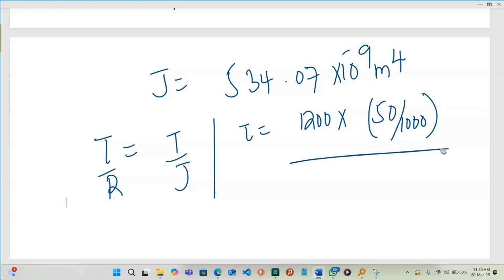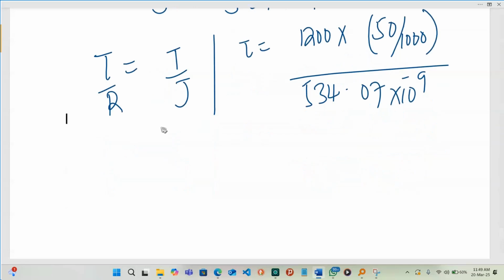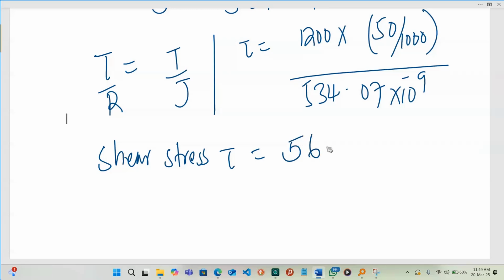Then we divide that by 534.07 times 10 to the power negative 9. Remember, for this R you use the external diameter. So tau, the shear stress, will equal 56.17 times 10 to the power 6 Newton per square meter or pascals.